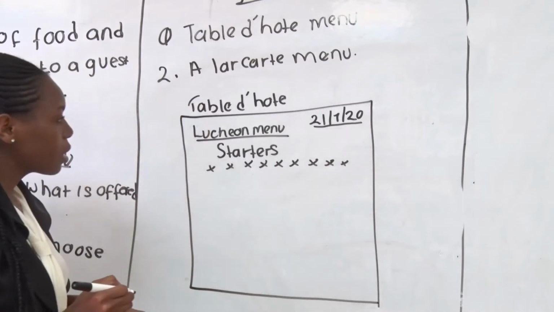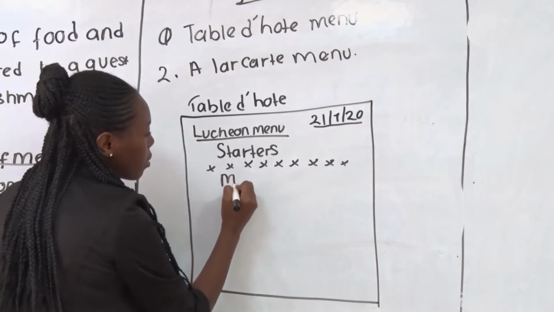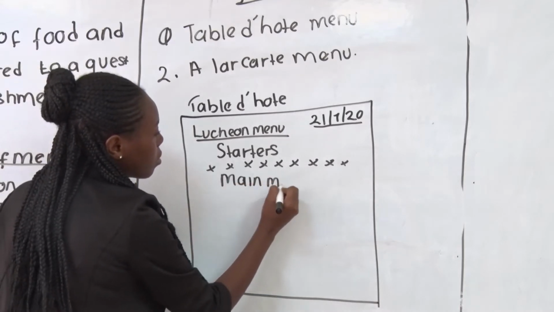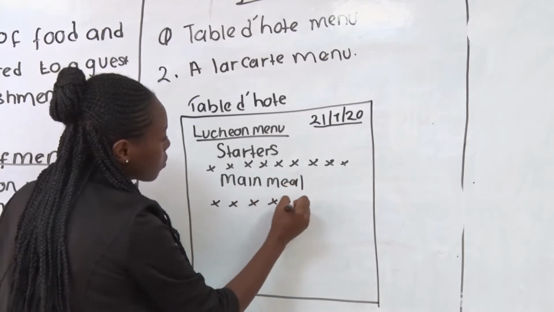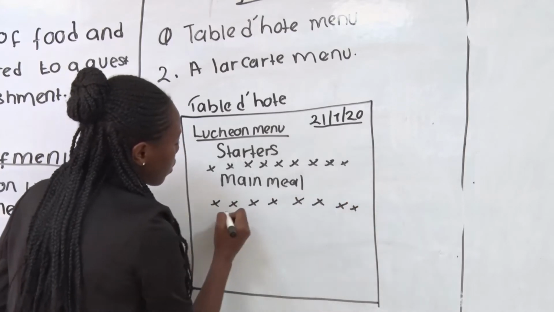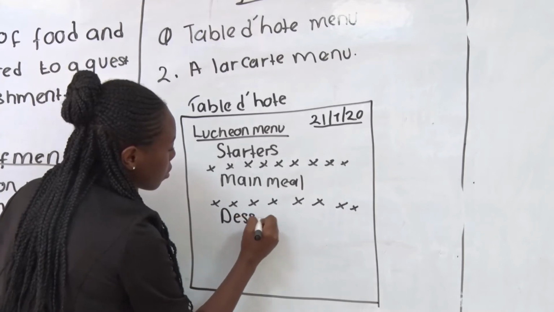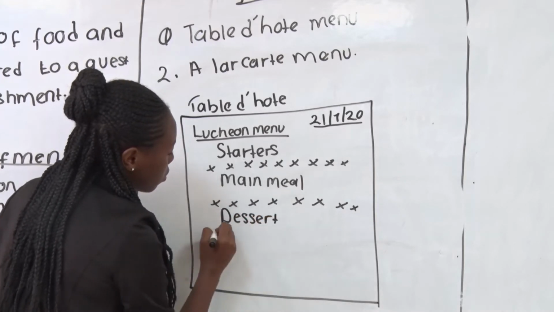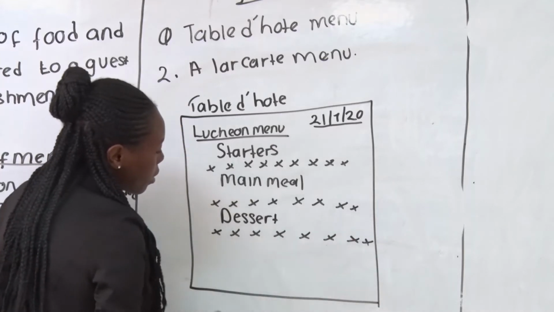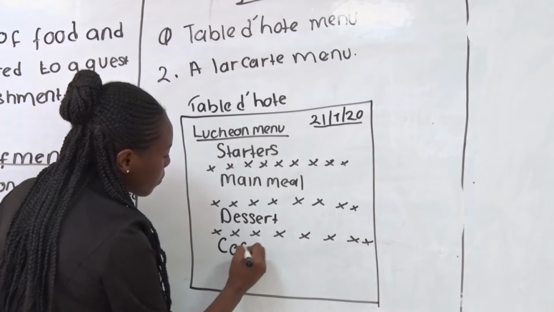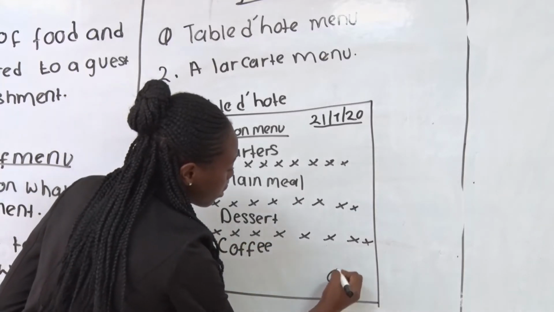Then the second course, you should have main meal. Then the next course we have dessert. Then last we have coffee. Then the amount should be on this side.